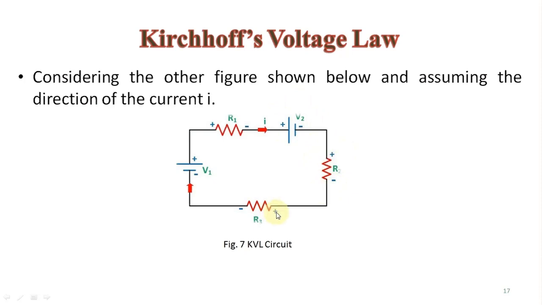The current flows from this plus to this negative, so the drop is minus I R3, that is equal to 0. So the equation we may write is V1 minus I R1 minus V2 minus I R2 minus I R3 is equal to 0.